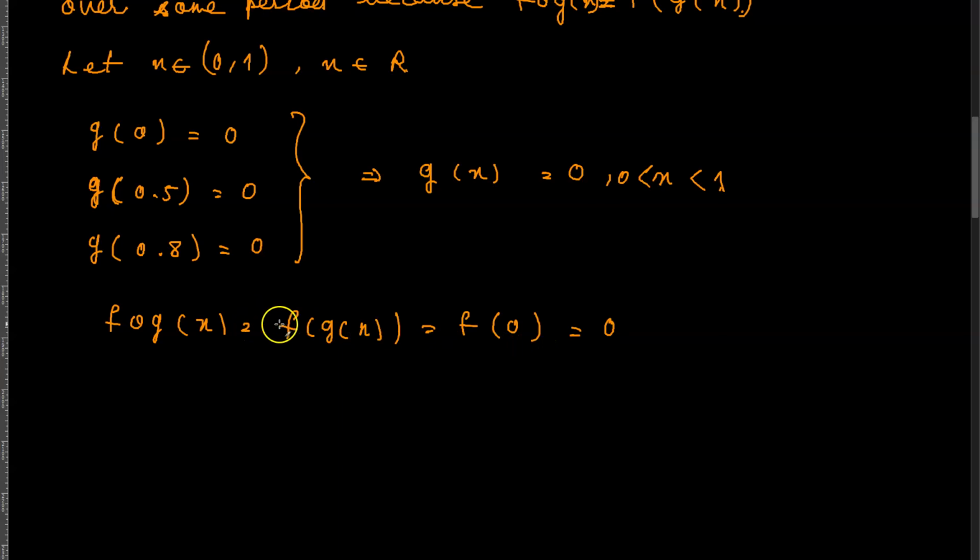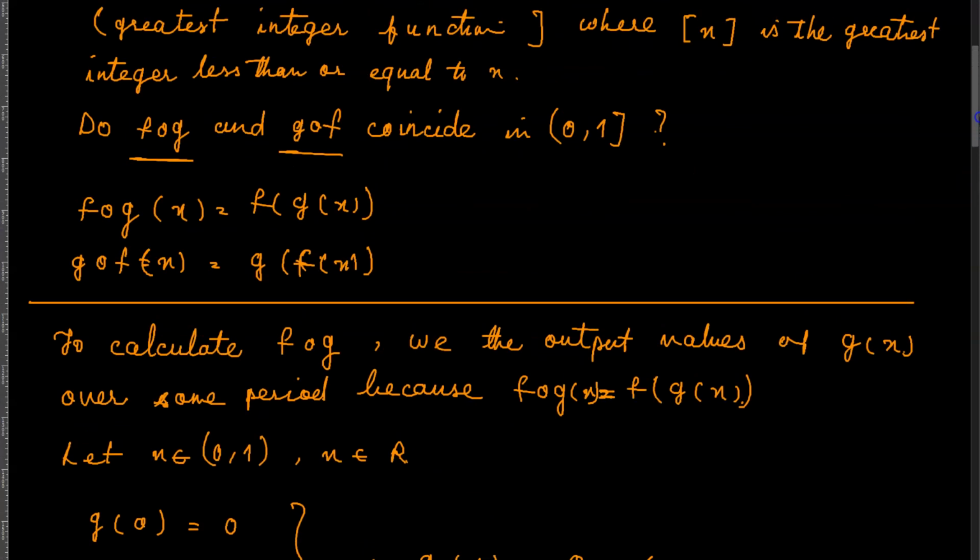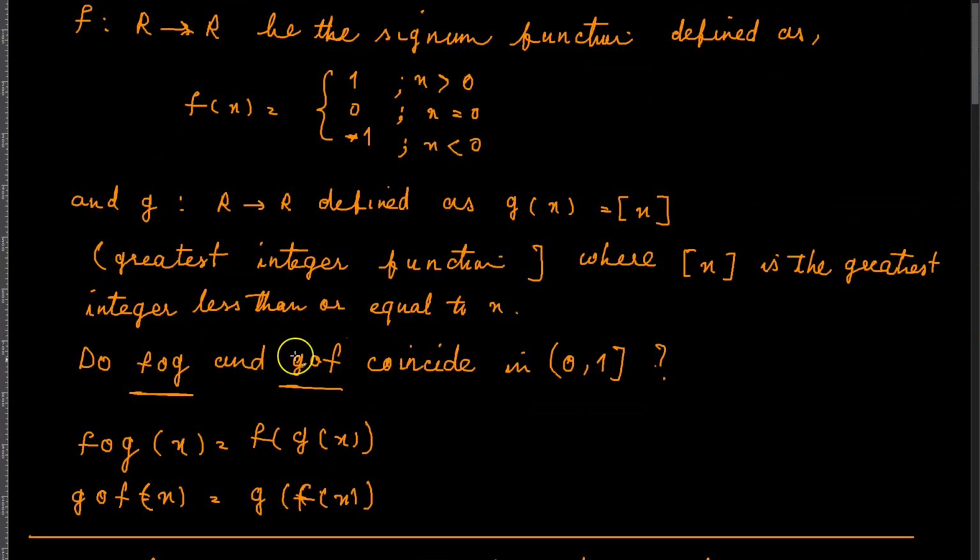And this is assuming that x belongs to the interval 0, 1. Of course, the question being asked here is whether FOG and GOF coincide in this interval that includes 1, but for now we are not going to bother about 1, because that would make things unnecessarily complicated.